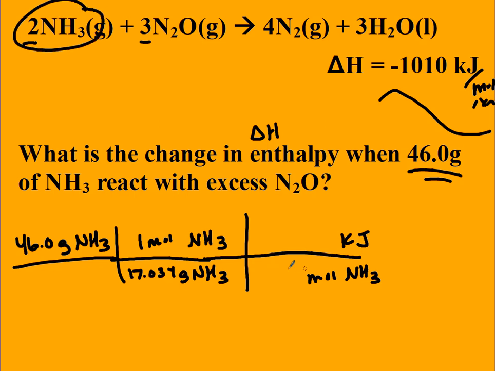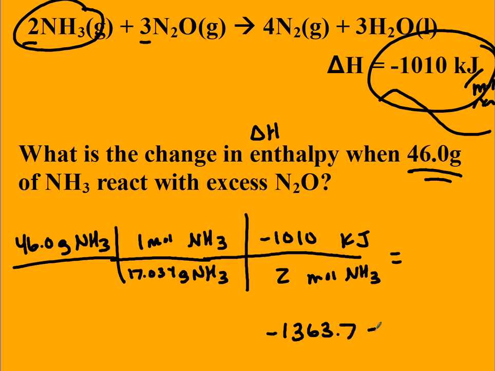I know that there's 2 moles of NH3 for every negative 1010 kilojoules. My units cancel out, leaving me with kilojoules. And so I get negative 1363.7, or in 3 sig figs, negative 1360 kilojoules.